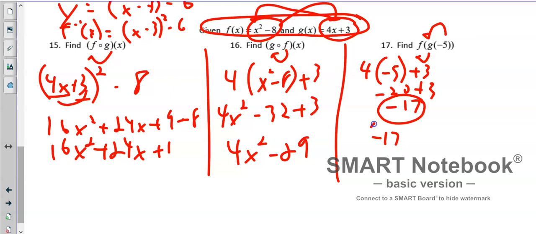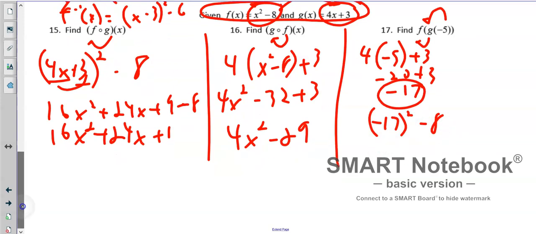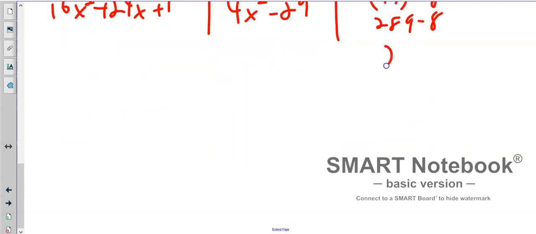So negative 17 squared minus 8. Please be careful. If you type this in the calculator and it says negative 289, use your brain and remember any negative number squared is positive. Well, any number squared is positive. And so therefore, 289 minus 8 is 281. And that's it.